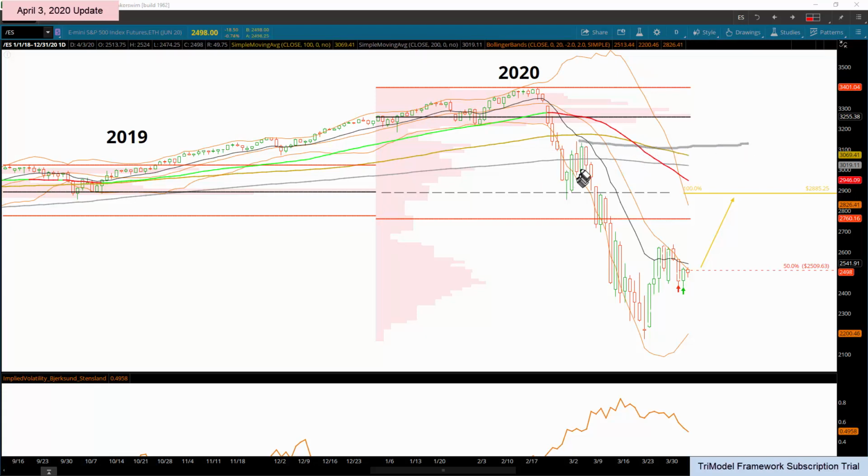It's the reaction that we got when the Fed came out and did their first cut on the back of this big drop thanks to the coronavirus. In other words, they acknowledged the impact of the coronavirus on the economy, on growth, on whatever.